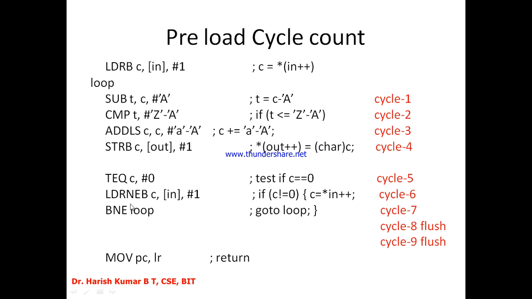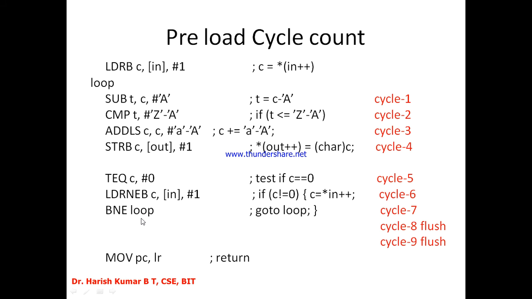It's an override instruction, and this BNE is eating 2 cycles to flush the pipeline on every iteration, and this we can avoid. If I have 10 characters to convert from uppercase to lowercase, and if I don't bother about the program length, I can skip this loop, remove this statement, and repeat this statement 10 times.